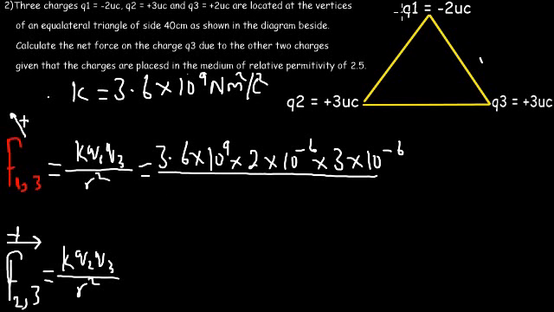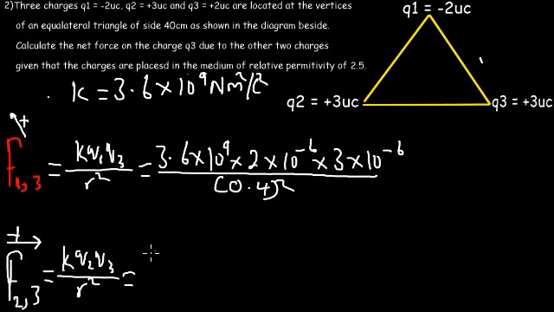The distance is 40, as given in the problem, measured in centimeters. So we need to convert it to meters by dividing by 100, and that will be 0.4 squared.